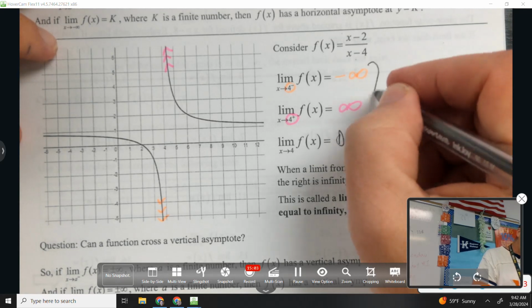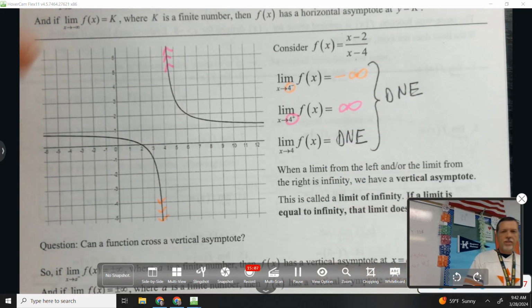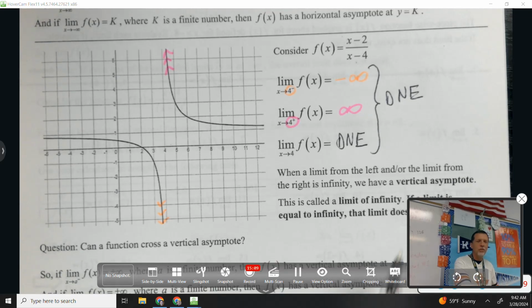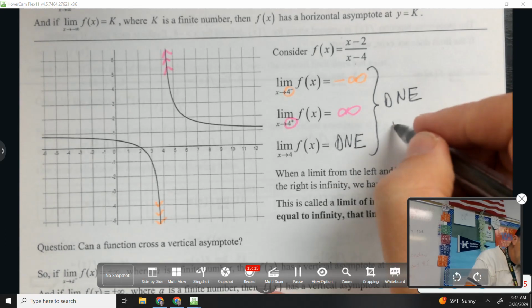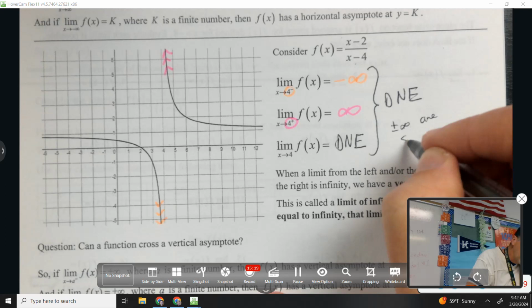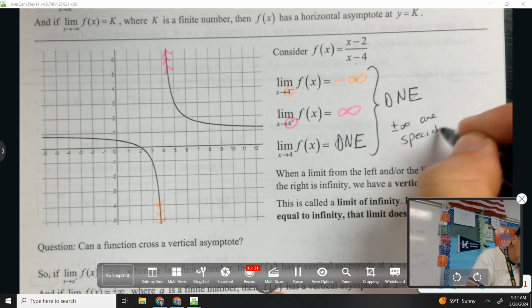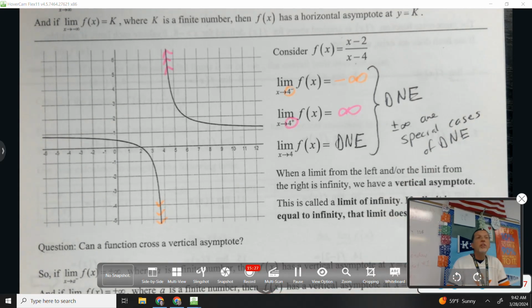Now, all of these do not exist. So this gets a little confusing just on classifying our answers. Infinity and negative infinity are special cases of DNE. There's a couple reasons limits don't exist. We saw one of them already.